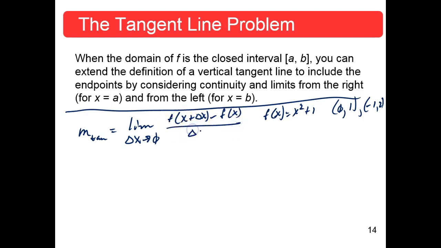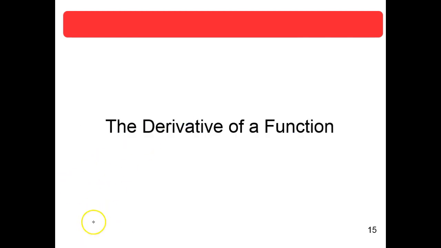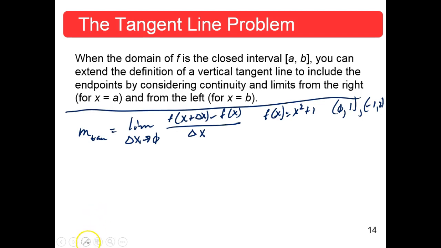And this is all over delta x. Okay? Now, the first x is going to be 0, and that's what I was trying to do before. So let's change this. Goodness gracious. Nope. Okay. Change those to zeros. Okay. All right. 0 and 0.